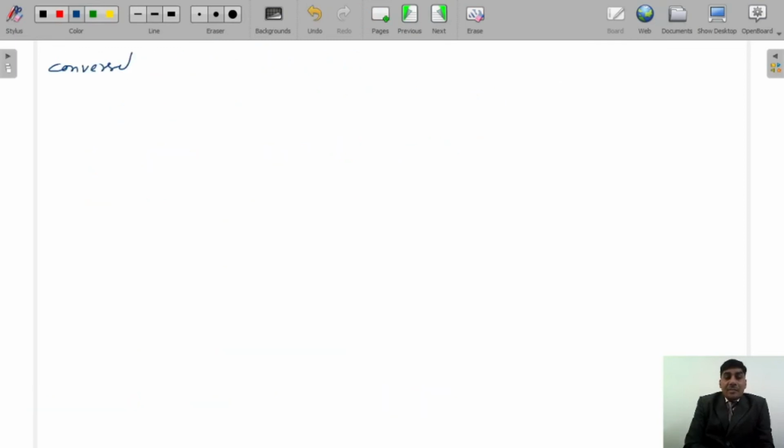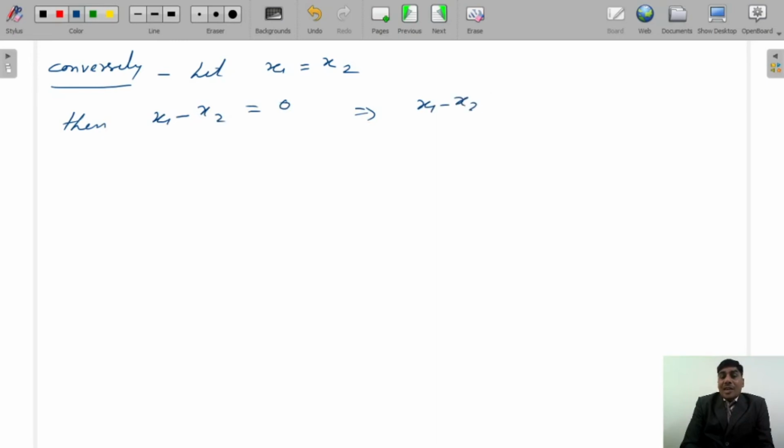Conversely, let x1 is equal to x2, then x1 minus x2 is equal to 0. This implies the norm of x1 minus x2 is equal to the norm of 0, which is equal to 0. This implies d(x1, x2) is equal to norm of x1 minus x2 is equal to 0.